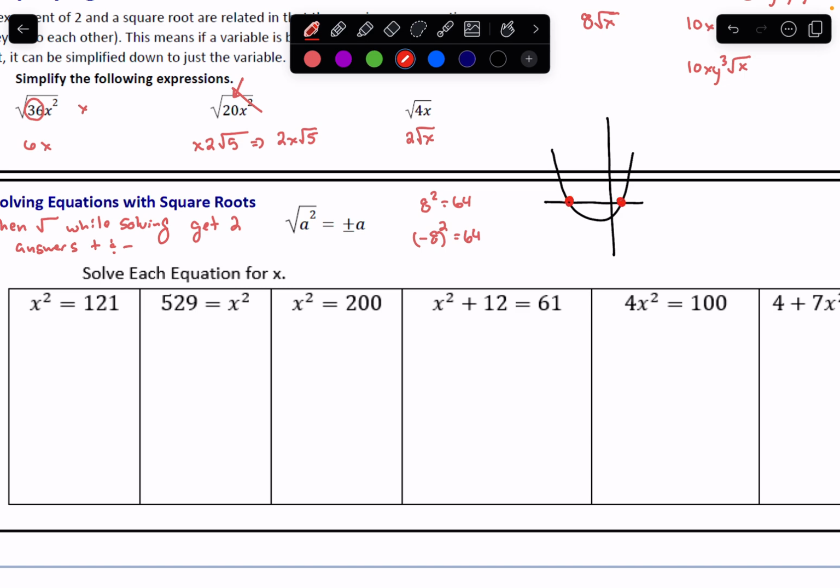And that's why you get 2 answers, negative 8 and positive 8, not just one answer, because you are crossing in 2 different places, okay? And we'll worry about that a little bit more when we get to graphing.